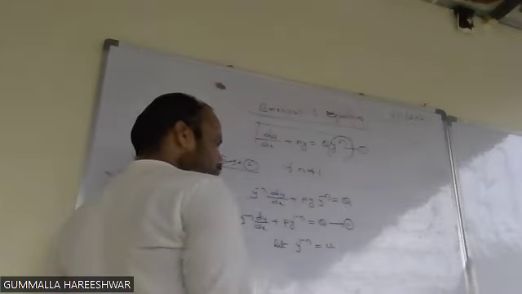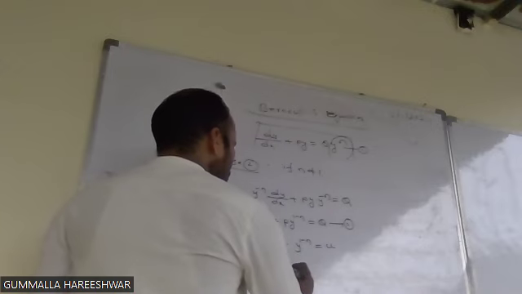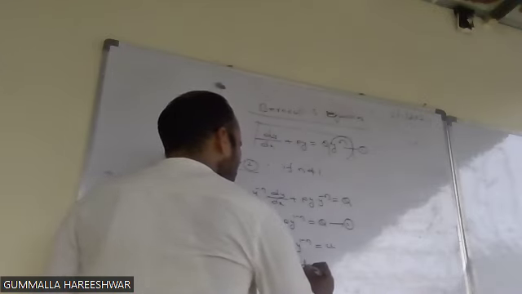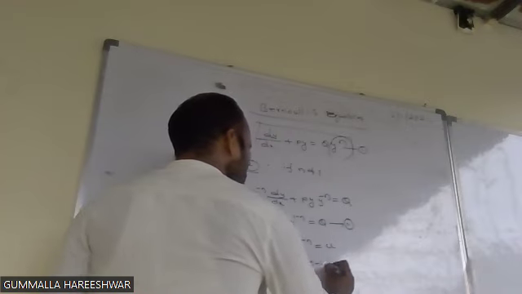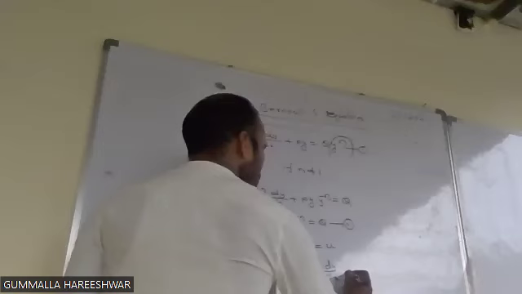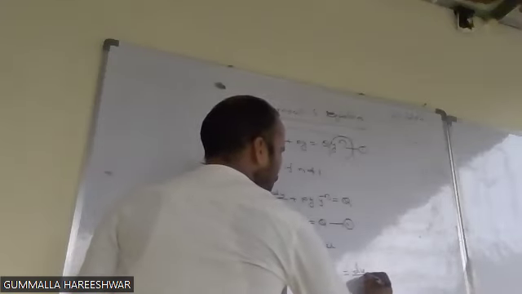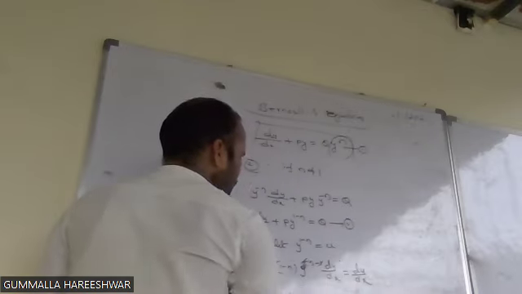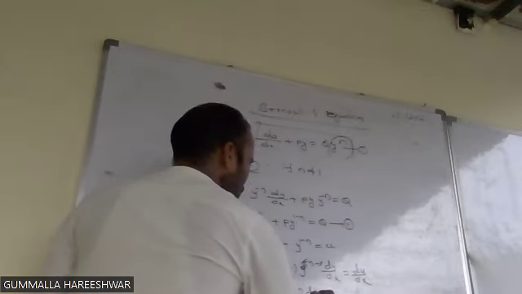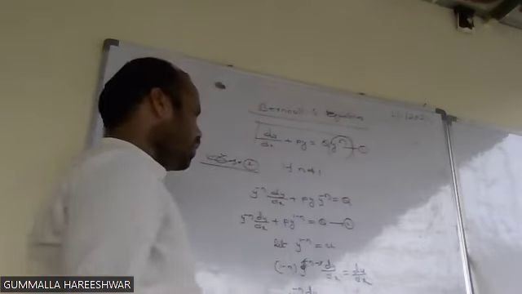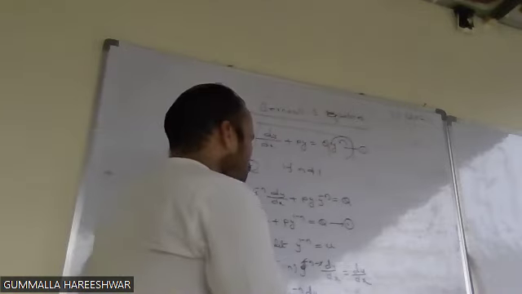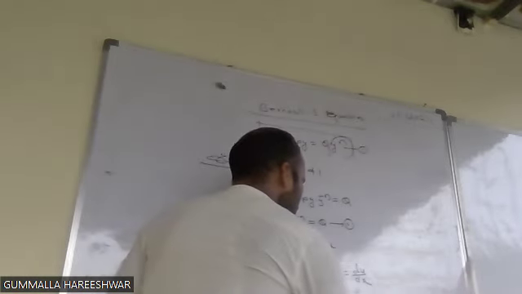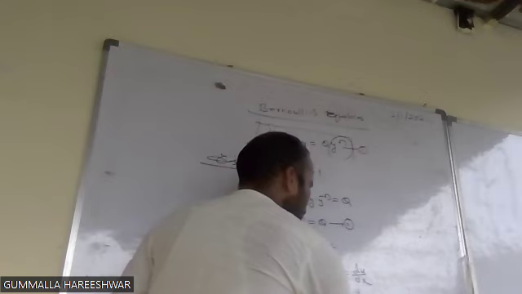Differentiating this with respect to x on both sides, we get (1 minus n) y power 1 minus n minus 1 dy by dx equals du by dx. The y power minus 1 plus 1 cancels, so y power minus n dy by dx equals 1 by (1 minus n) du by dx.